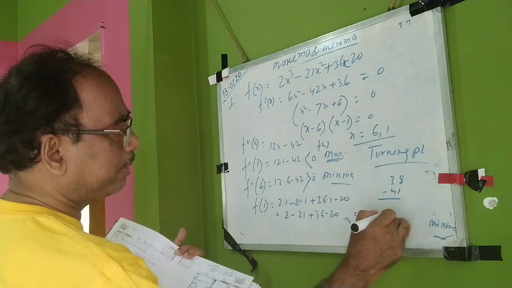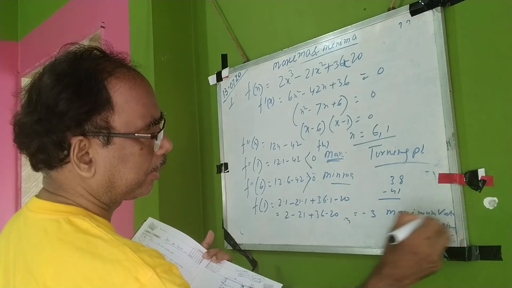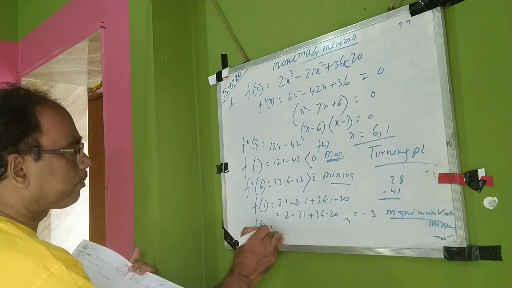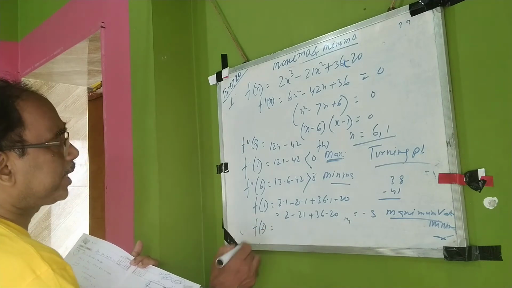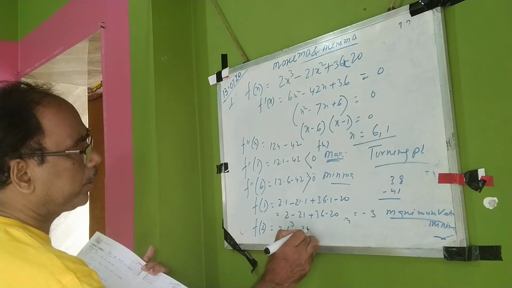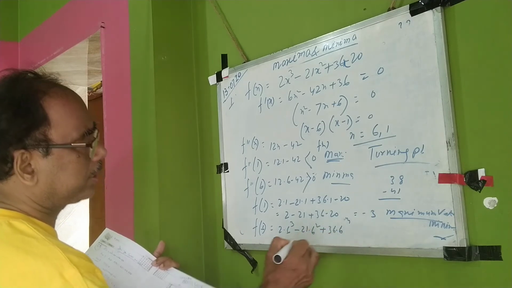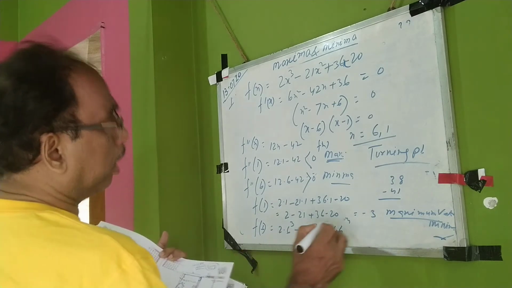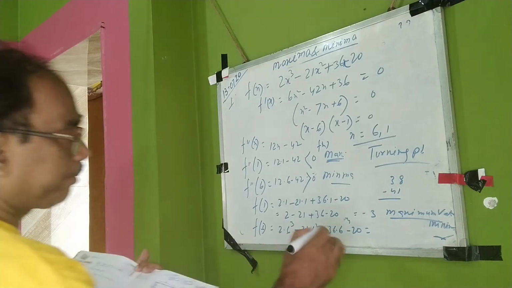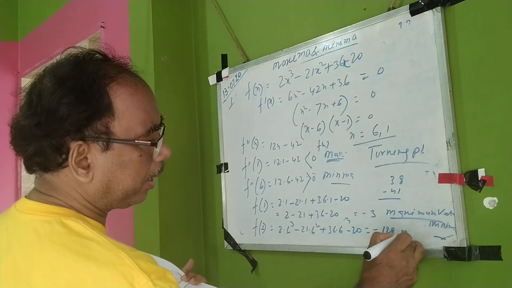That is your maximum value. And f(6) you have to find: 2 into 6 to the power 3 minus 21 into 6 square plus 36 into 6 minus 20. After calculating you will get minus 128. This is the minimum value.